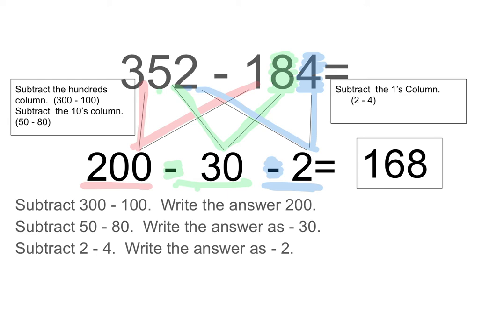Now to subtract it, you're going to do 200 minus 30, which equals 170. And you know that because you know your partners to 100, and you know that 30 plus 70 takes you to your next 100.